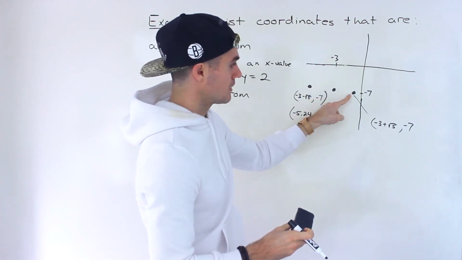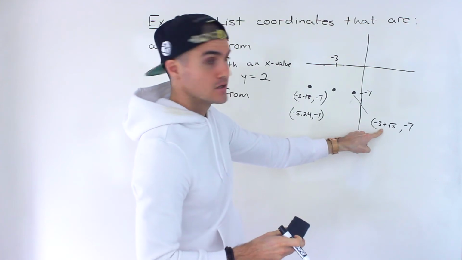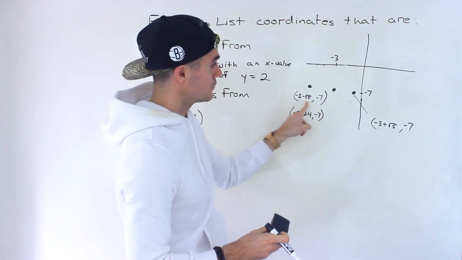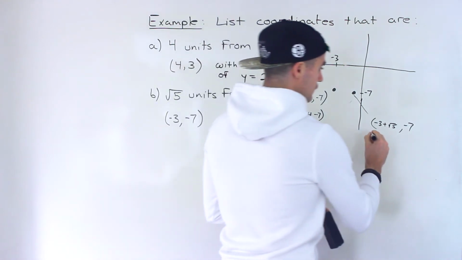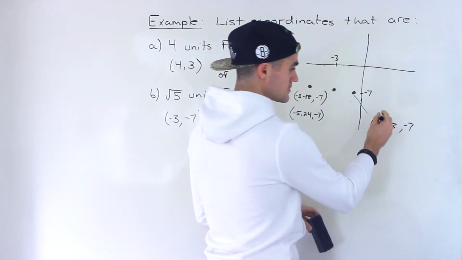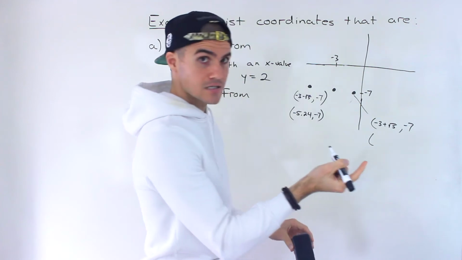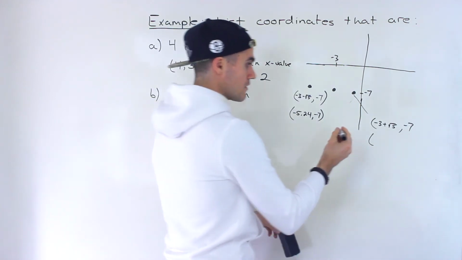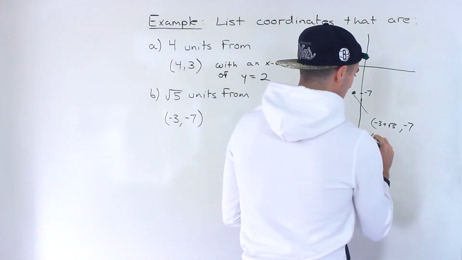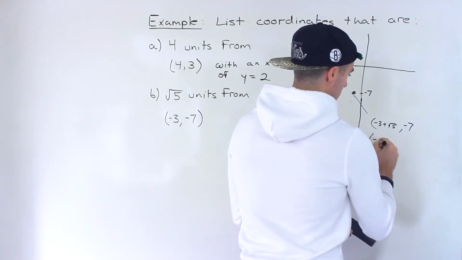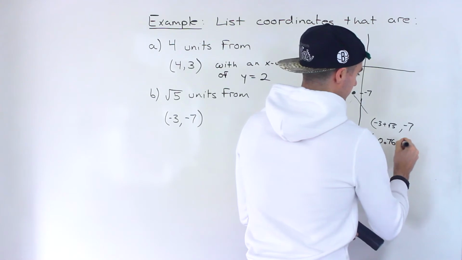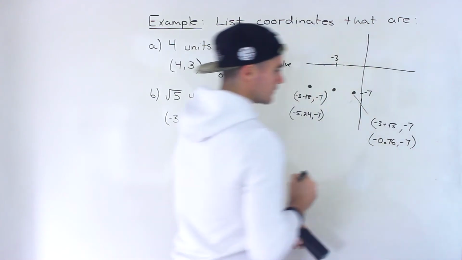So this point would have that new x value. Instead of subtracting √5, we're now adding √5. And if you wanted this in decimals, -3 plus 2.24 would give you -0.76, rather.